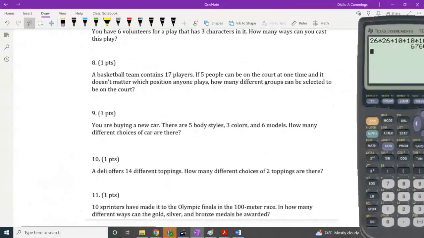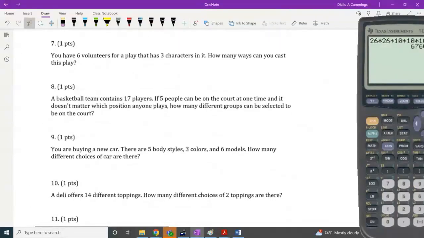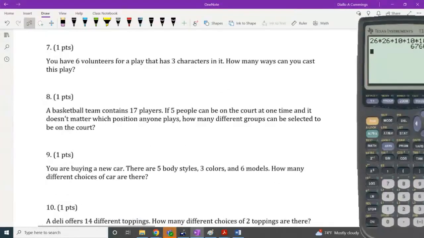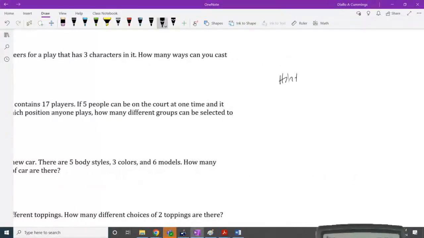Now the next 3 questions deal with combinations and permutations. Just remember, as a hint, that for permutations the order matters.